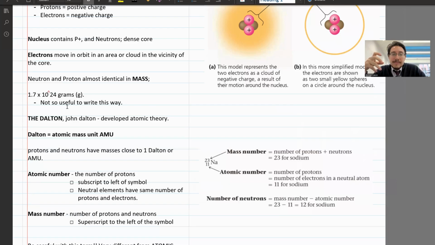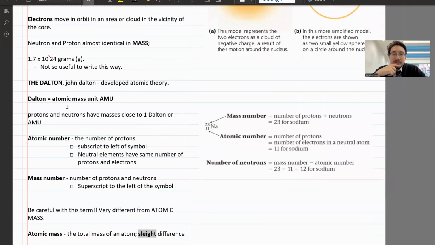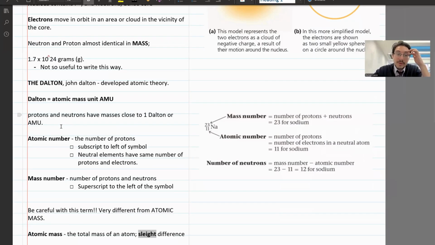So John Dalton, a physicist, a biologist, a chemist, developed the atomic theory, and one of the things he established is the atomic mass unit, which is referred to as the Dalton. So protons and neutrons have masses that are close to 1 Dalton, or 1 AMU.